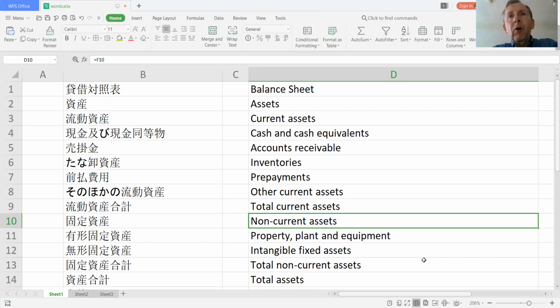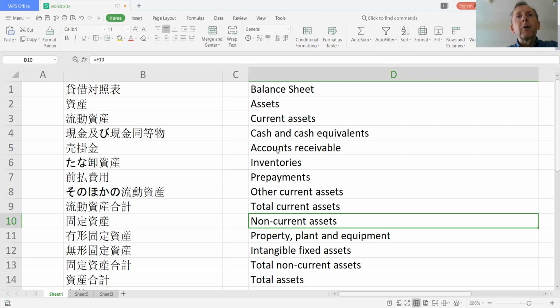Either it is already cash and cash equivalents, or it is expected to become part of cash and cash equivalents within less than 1 year, or it will be consumed, used within 1 year. Anything that does not satisfy this is a non-current asset.